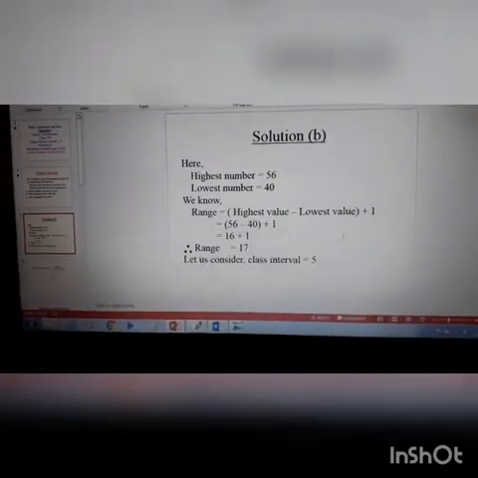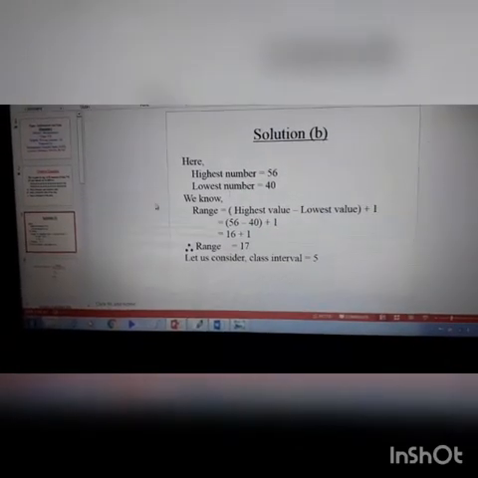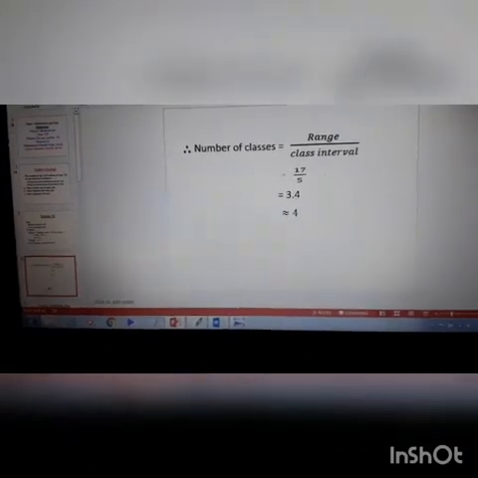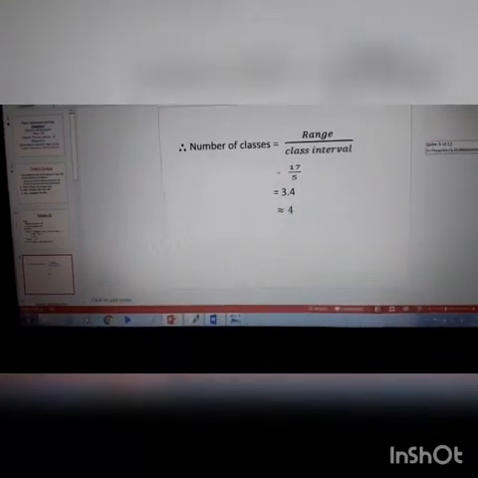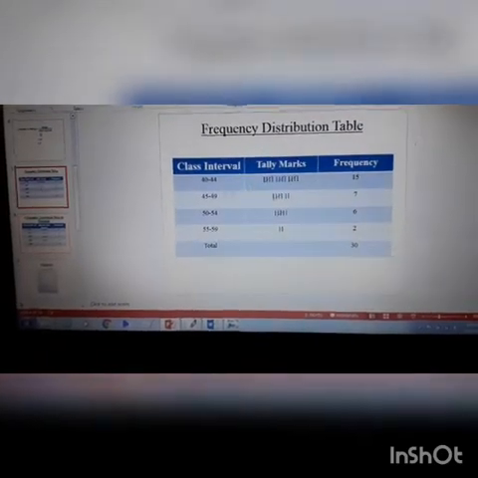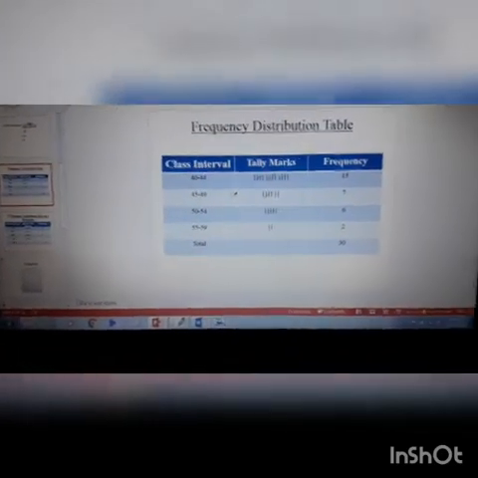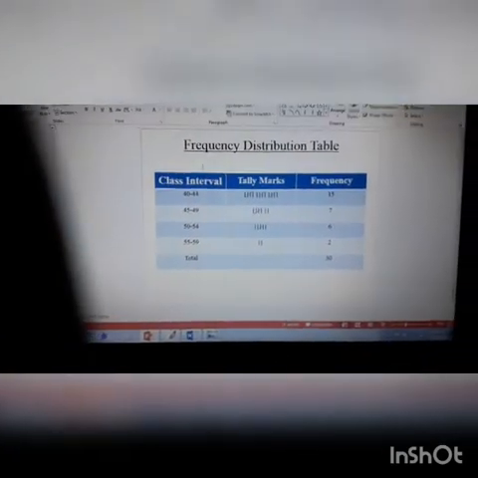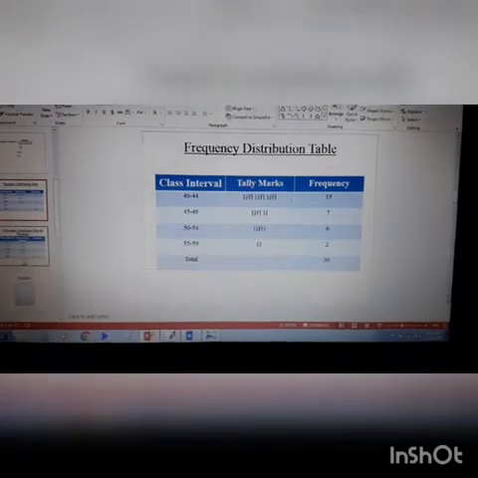So just follow the solution. This is the solution, and at the end you will get this type of frequency distribution table. Just making that table is the activity or solution of number C.